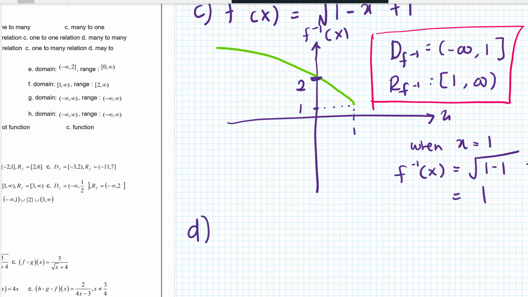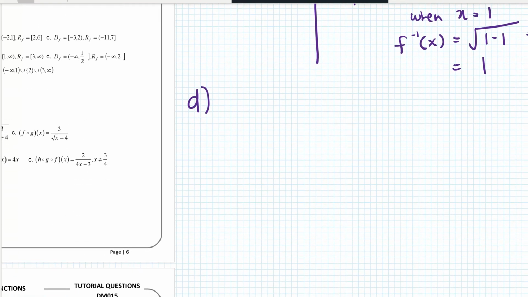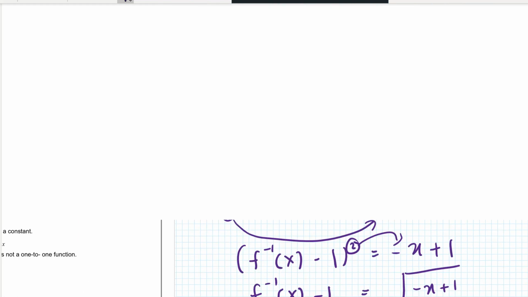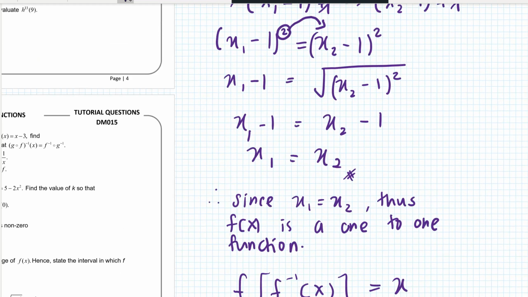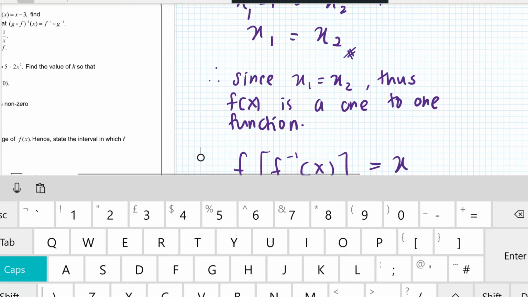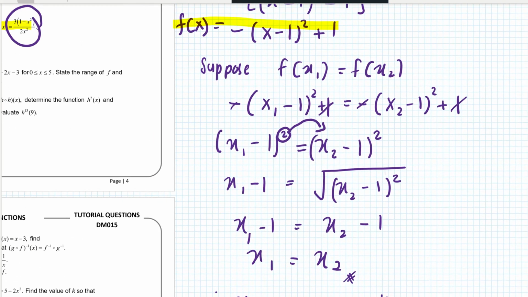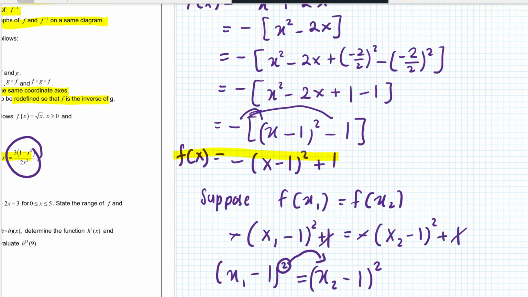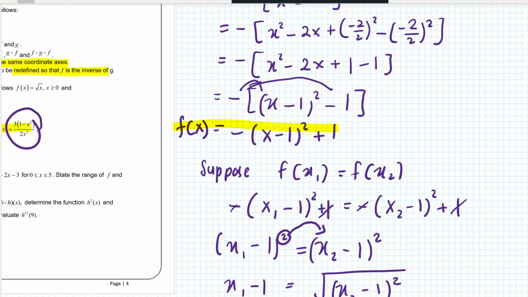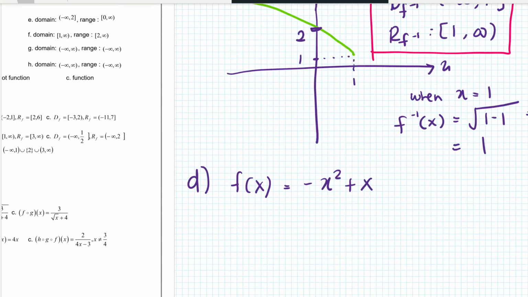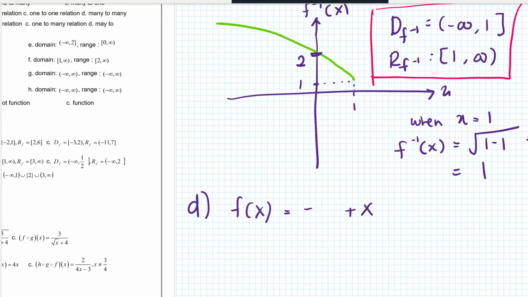Question D: f(x) is negative (x minus 1) squared plus 1.